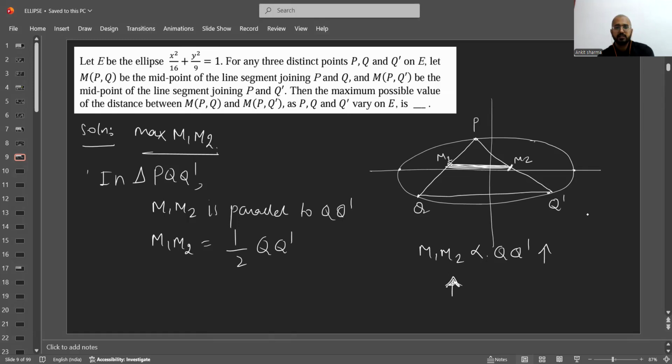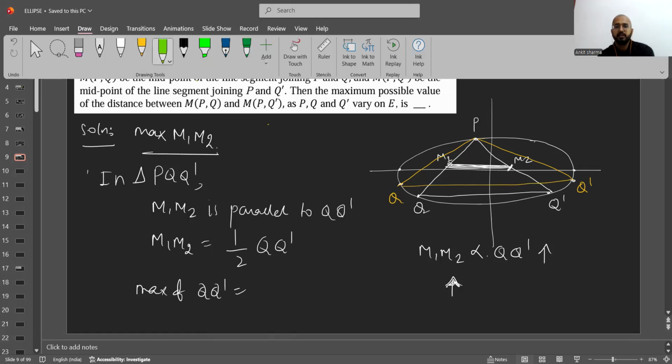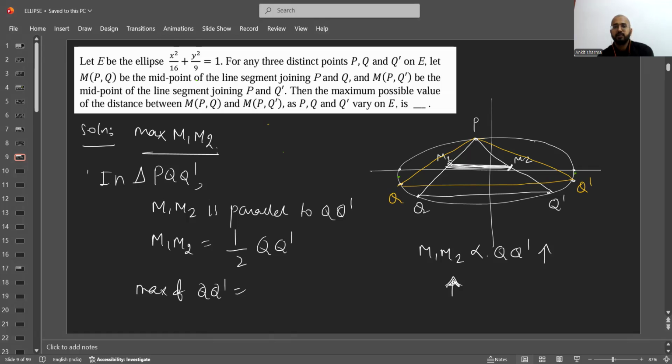So I could take any two points Q and Q dash on the ellipse, but since we want the maximum, I get it when I choose the endpoints of the major axis. So the max of Q Q dash is nothing but the major axis. That's the only possibility; otherwise nothing else is going to be maximum.